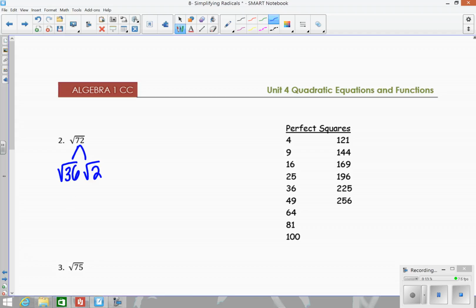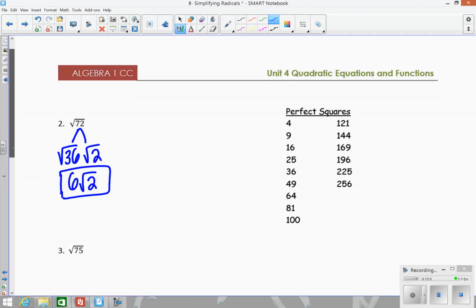So this is going to end up being 6 square root of 2. I always say put that perfect square in front, because that's going to come out to be the whole number, and then you just carry down the radical part. So that's kind of why I do it in that format.